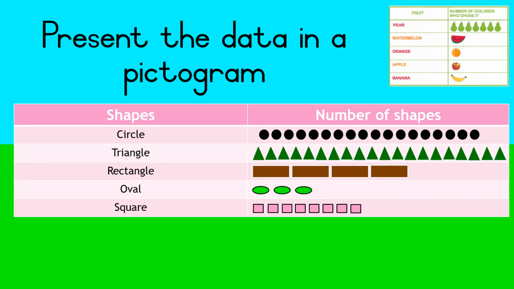Is it the circle, the square, or is it the triangles? Yes, it's the triangles, because there are 20 triangles and only 18 circles and 8 squares. So the most shapes is triangles and the least are our ovals.